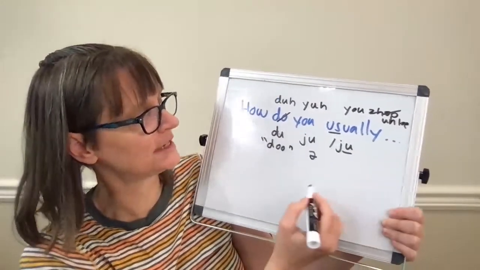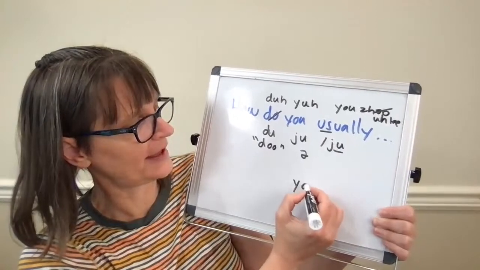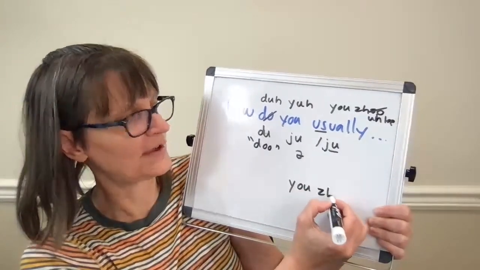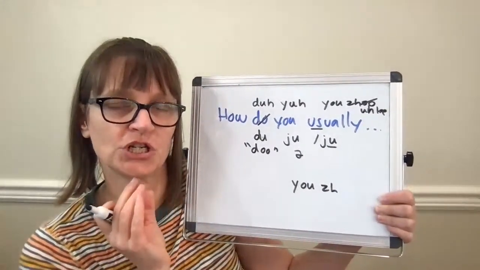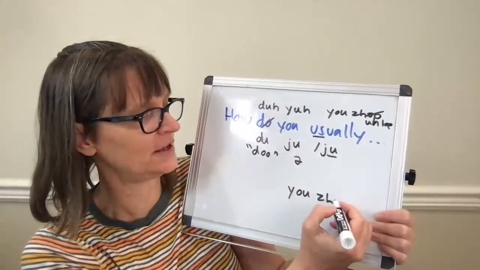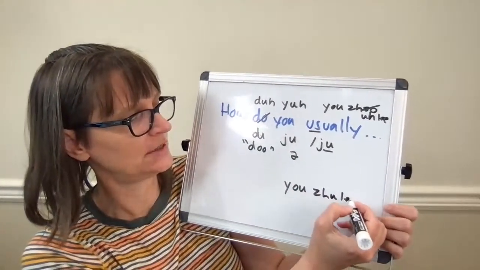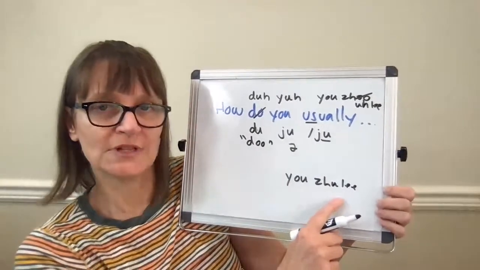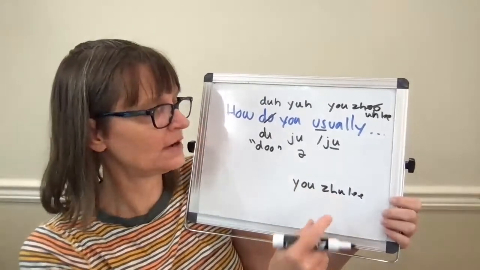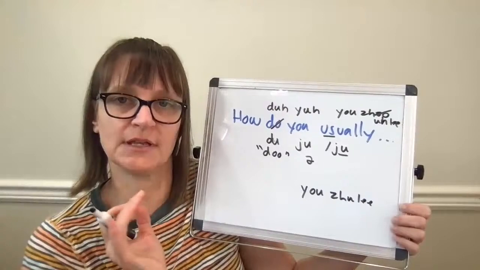So for usually, thinking about that as you, we have the voiced ZH sound, the zh. It's like the SH, but my voice is on. Usually. So I can say usually with an oo there, but I think usually is easier and smoother.